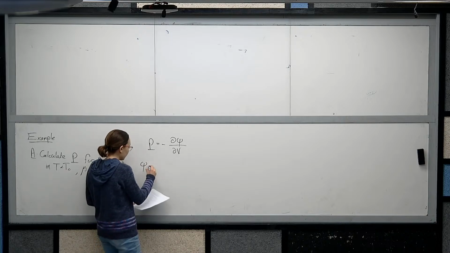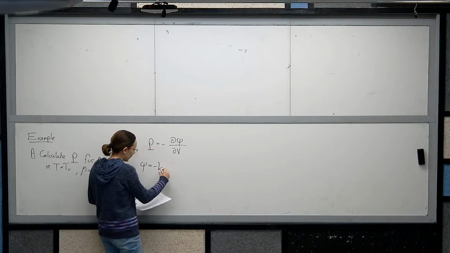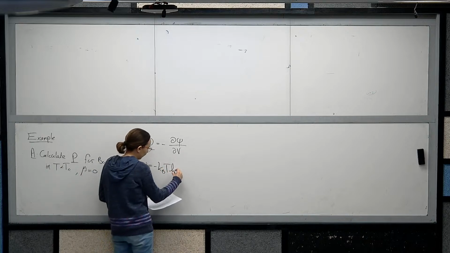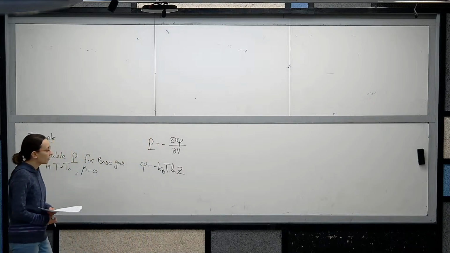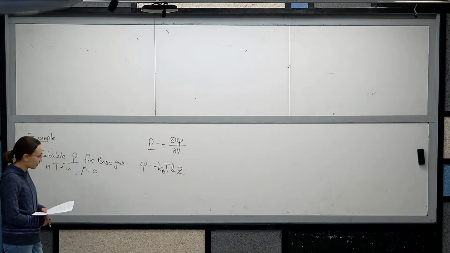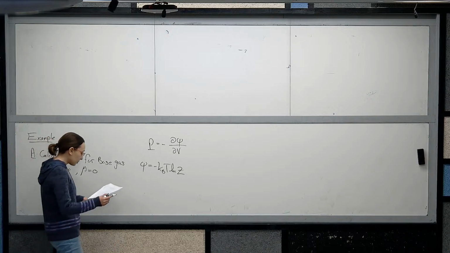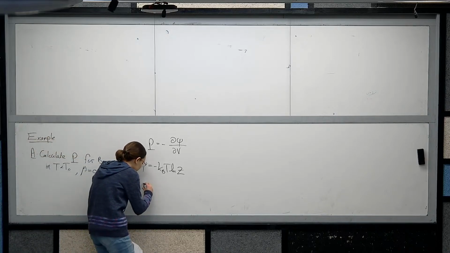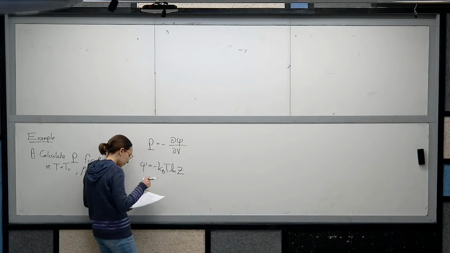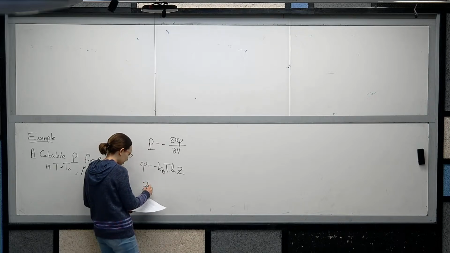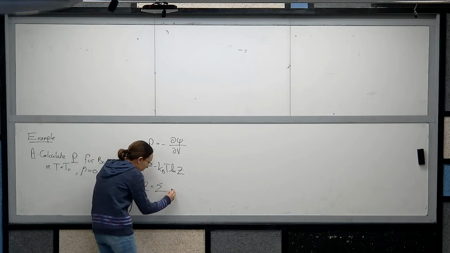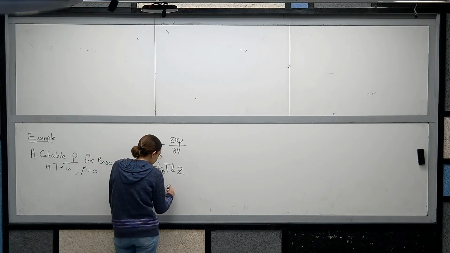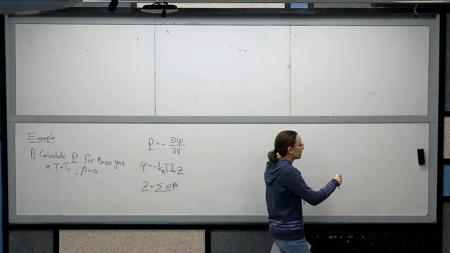We know the grand canonical potential is minus kBT ln of the partition function, and the partition function is a summation on all possible states in the system.